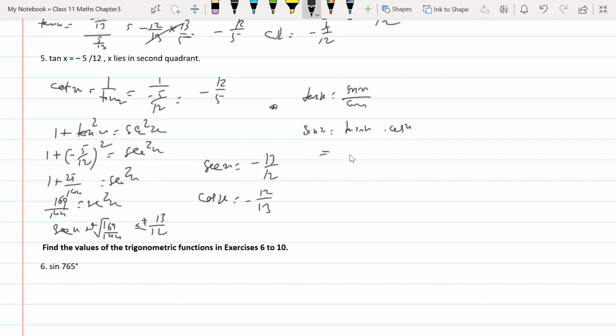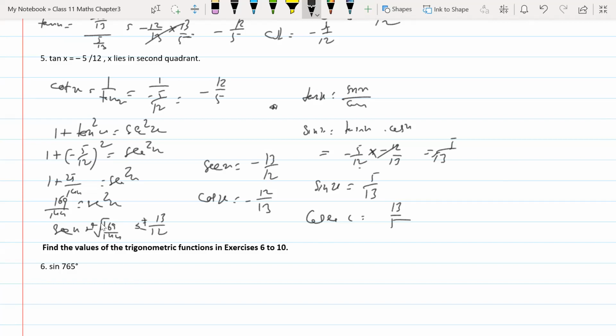Tangent x is minus 5 by 12 and cos x is minus 12 by 13. The 12s cancel, giving 5 by 13. Since it is in the second quadrant, sin x would be positive, and cosecant x would be 13 by 5. That's all about question number 5.